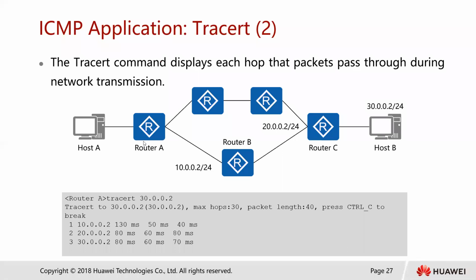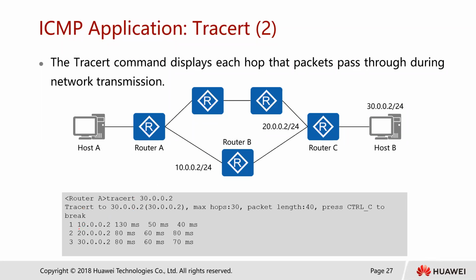So we are saying that the trace route command displays each hop that the packet passes through during network transmission. We won't spend a lot of time here because we are typically not network engineers, but basically this is how it looks.